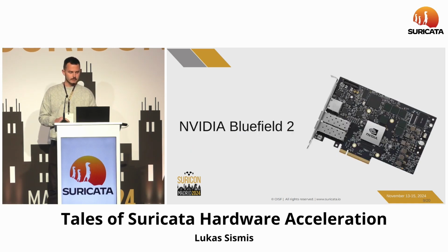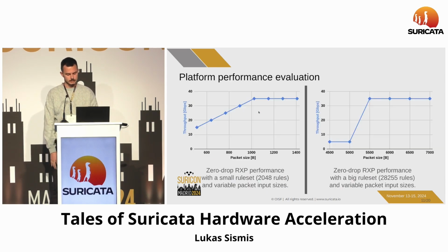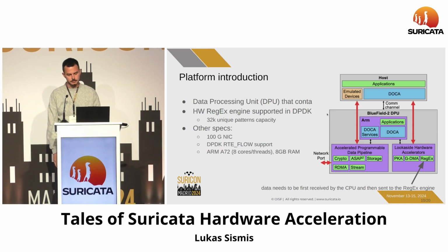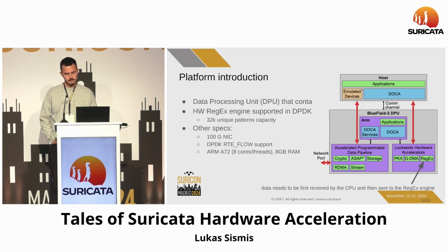So here I have a quick intro to the card, how it looks. It's a data processing unit. The hardware RegEx engine is said to support 32,000 patterns. On the diagram, we can see that the network port is on the left side, and the data plane goes up to the ports, to the host.